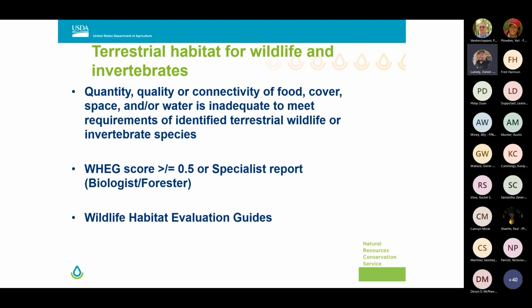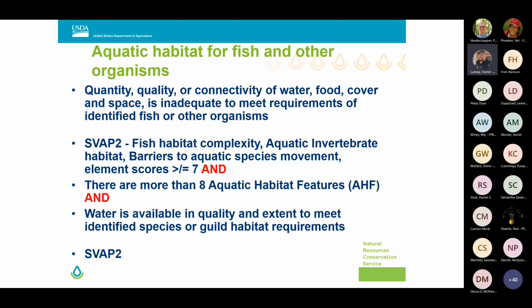Anything less than that shows that there's still a resource concern related to habitat out there, and that sheet is nice because you can look at it and say, all right, if I improve this, it will improve my score, and I can meet that resource concern.